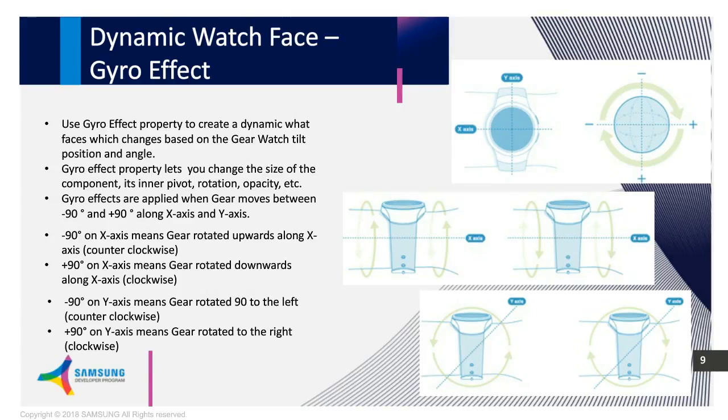As you can see in the picture to the right, you can see what is the y-axis. So if the gear is rotated to the left of the y-axis, it is minus 90 degree. If it is rotated to the right, it is plus 90 degree. So once you understand this tilt and position, you can apply your own image and change the properties of the gyro effect to create a fantastic dynamic watch face.